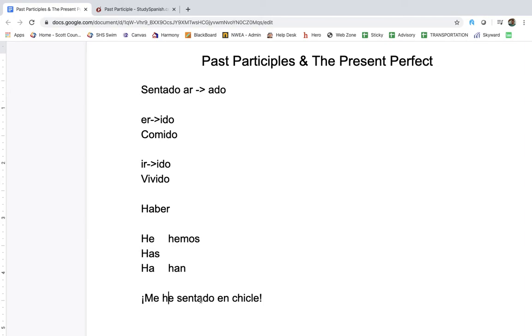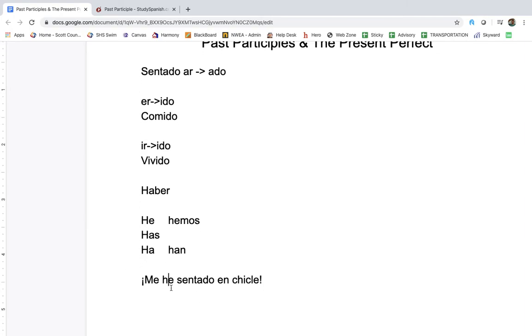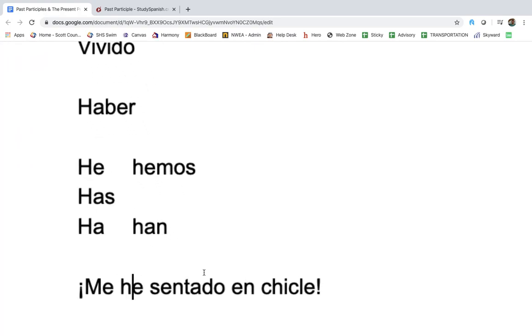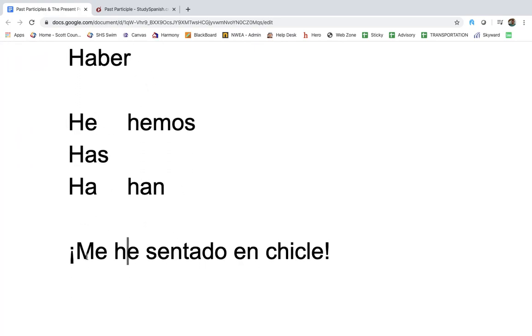Me he sentado en chicle. This being reflexive is actually helpful to us because now we know that the reflexive pronoun, direct object pronoun, indirect object pronoun is going to come before the conjugated verb, which is he, has, ha, hemos, or han for these sentences. So me he sentado en chicle. I have sat on gum.